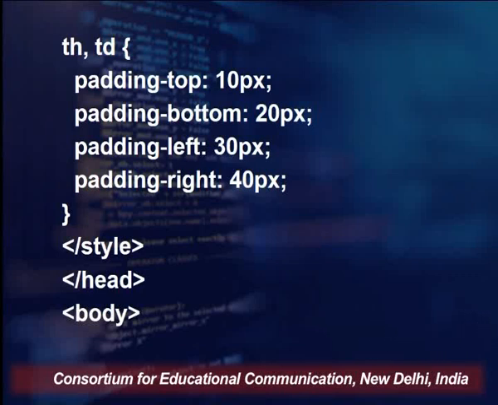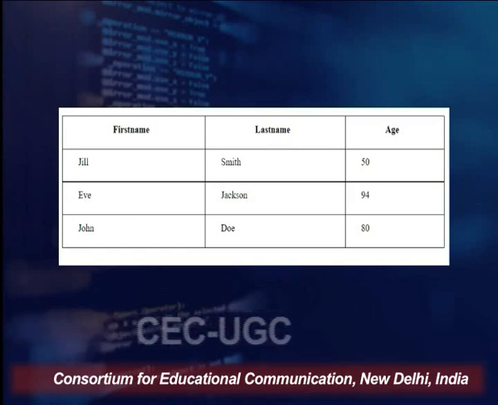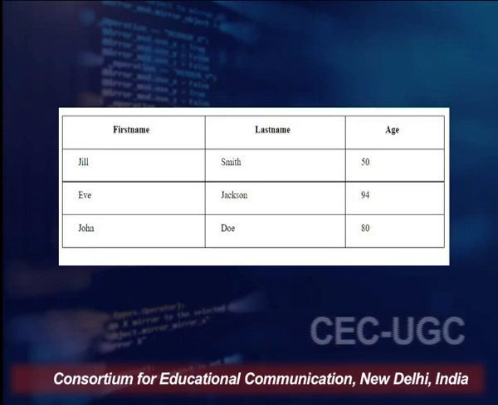If we want a different amount of padding from all 4 directions, we can give padding-top 10 pixels, padding-bottom 20 pixels, padding-left 30 and padding-right another amount. Then the style and head are closed. Applying padding from all these directions is well acceptable in HTML, and here you can see the result. Padding will be applied according to whatever dimensions you have given.